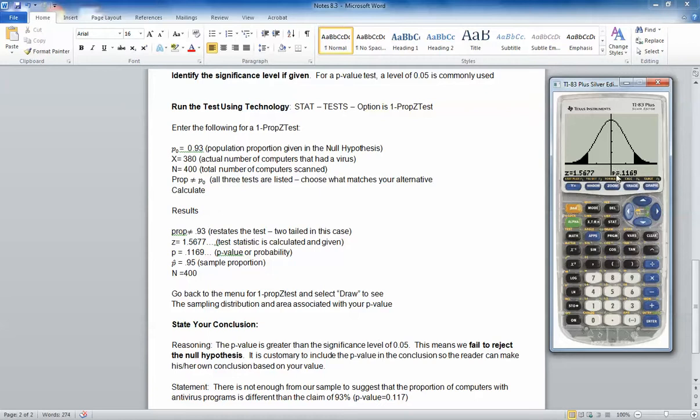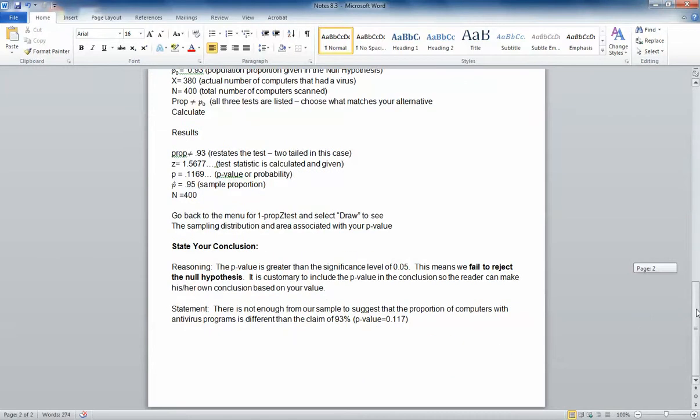So when we have these p-values, they refer to the probability that our test statistic is unusual, basically. If it's not below 0.05, and in this case it wasn't, then it's not unusual. So our conclusion and our reasoning: the p-value is greater than the significance level of 0.05.